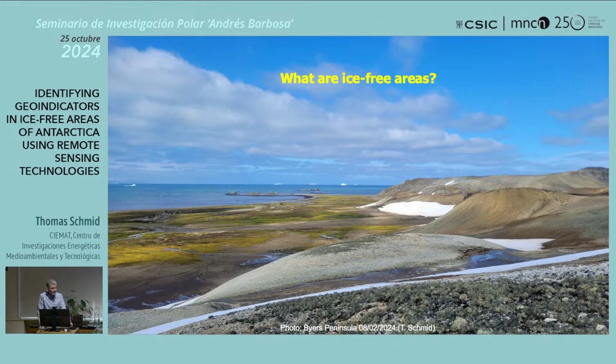We work in ice-free areas. So what are the ice-free areas? Antarctica, as we know, is mainly covered with ice and is under an ice sheet with several hundreds kilometers of ice. But when it comes to the coastal area, these ice sheets start to give way to areas which we call the ice-free areas.